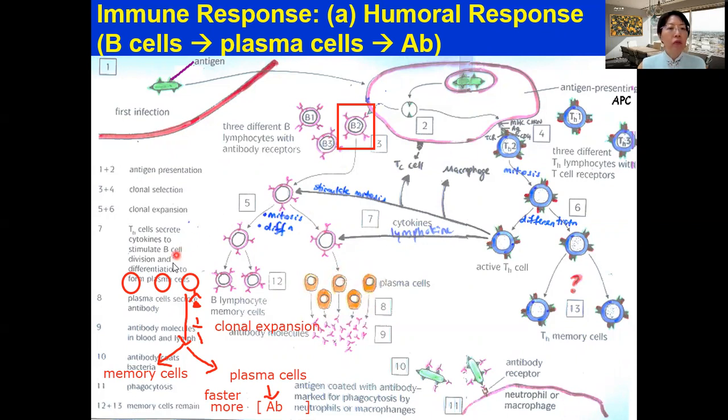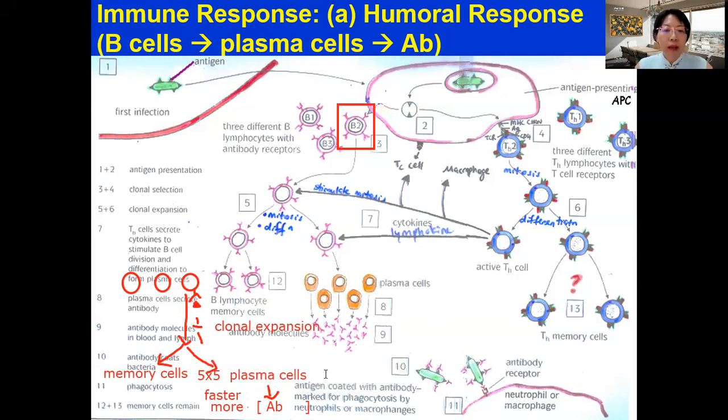In the secondary immune response, other than the normal way of producing antibody, we have an additional cell, the memory cell, which will also be activated to produce plasma cells. Imagine that one memory cell can produce 5 plasma cells, just like one B cell can produce 5 plasma cells. Now we've got 5 memory cells to start off with, so 5 memory cells will give us 5 times 5 plasma cells.